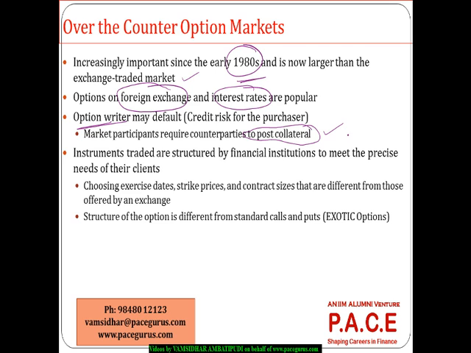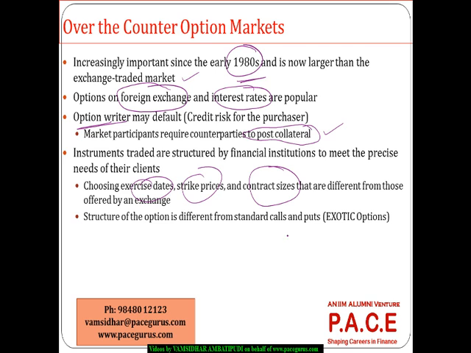The instruments are typically structured to meet precise needs; they are not standardized products. Standardized would mean I could have used the service of the exchange itself. But with more and more customized tweaking to the needs of the clients, the dates, the strike prices, the size of the contract are not standard in nature. Otherwise they could have chosen the exchange itself.